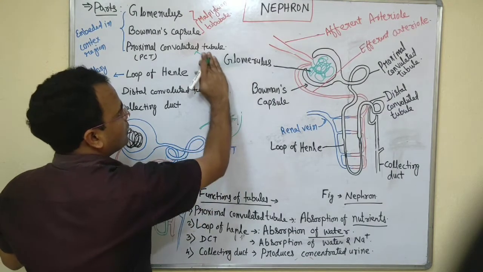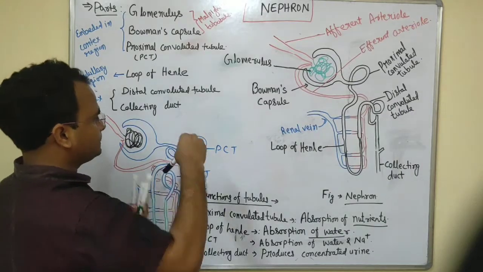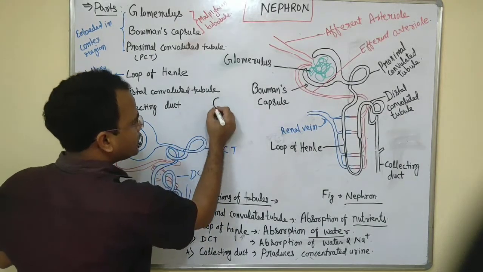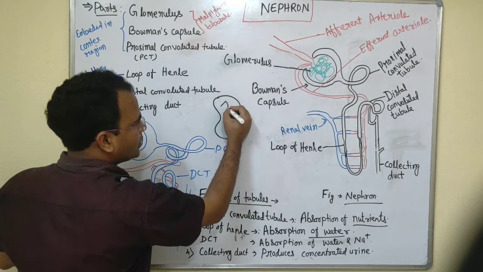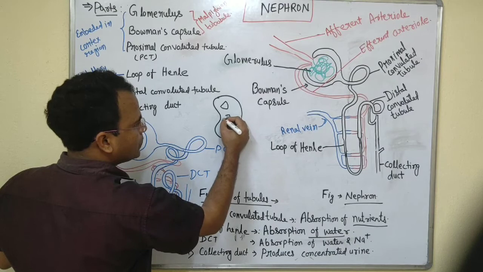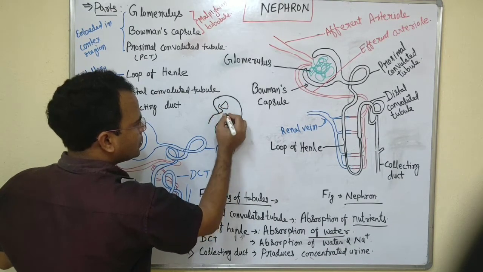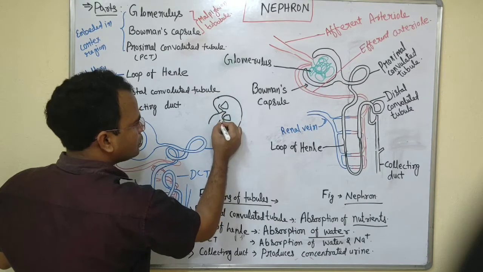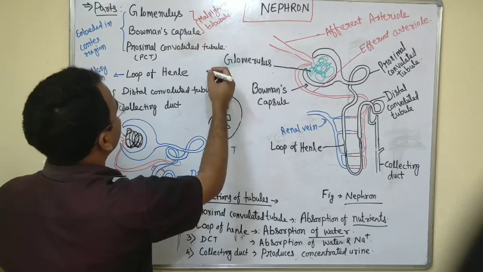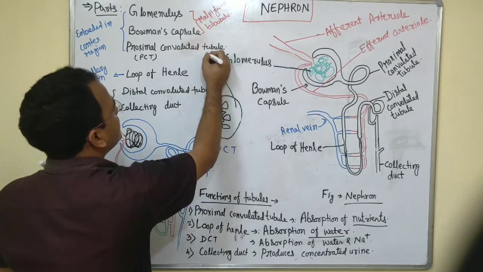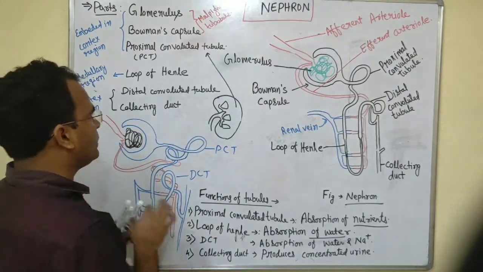Wait, I'll draw a complete diagram for this. Suppose this is the kidney, right? And these are the medullary parts, the medullary rays, the medullary pyramids, and they combine together and form the ureter. So in this cortex part, the Bowman's capsule, glomerulus and proximal convoluted tubule will be present.